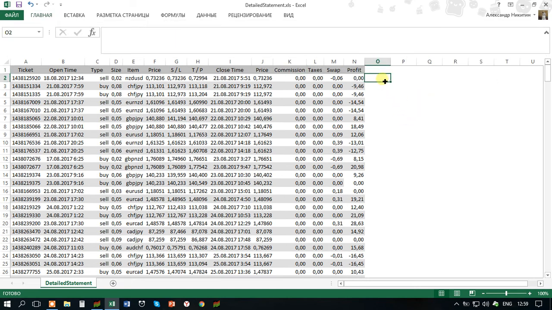Okay, I want to do it this way. This equals, let me type the formula. If this is more than zero, then the close price minus entry price.